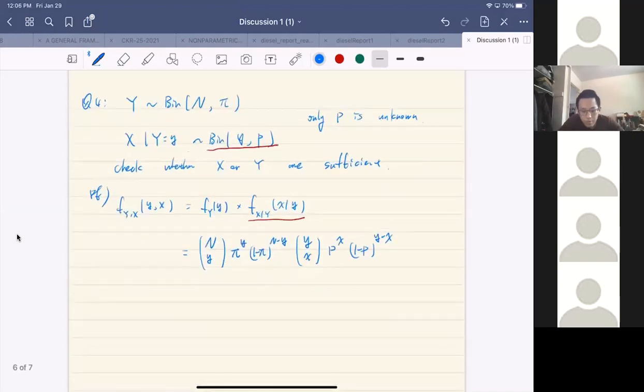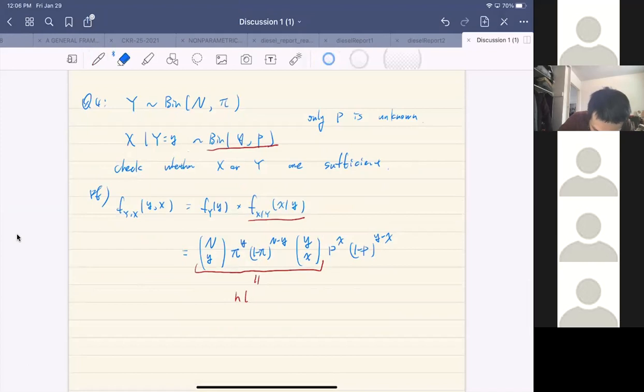Okay. So only p is unknown. This term can be seen as a function h of x and y.